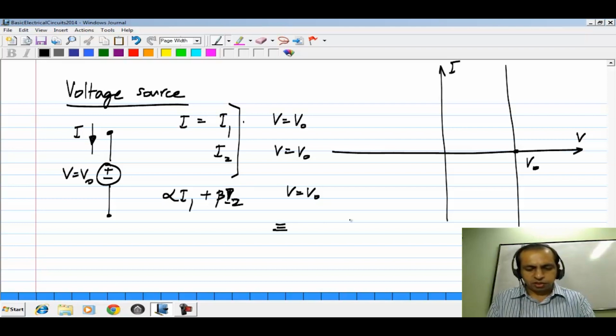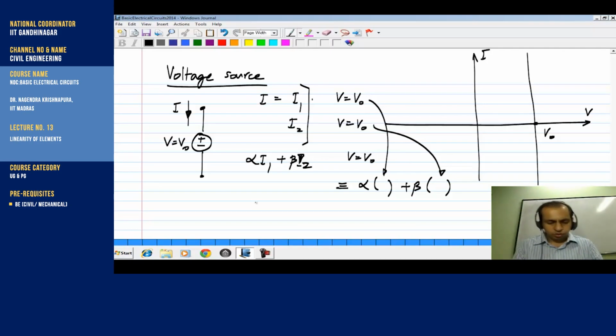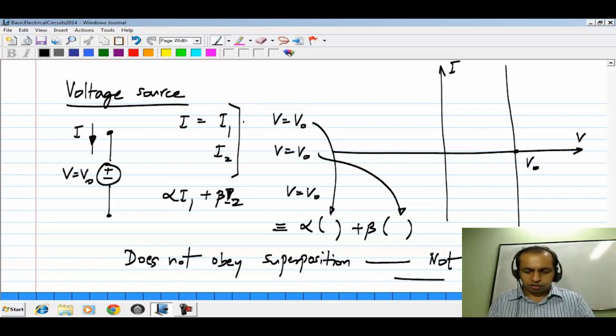And this is certainly not equal to the linear combination, that is alpha times this voltage plus beta times that voltage. Okay. So it does not obey superposition, which means that it is not linear.